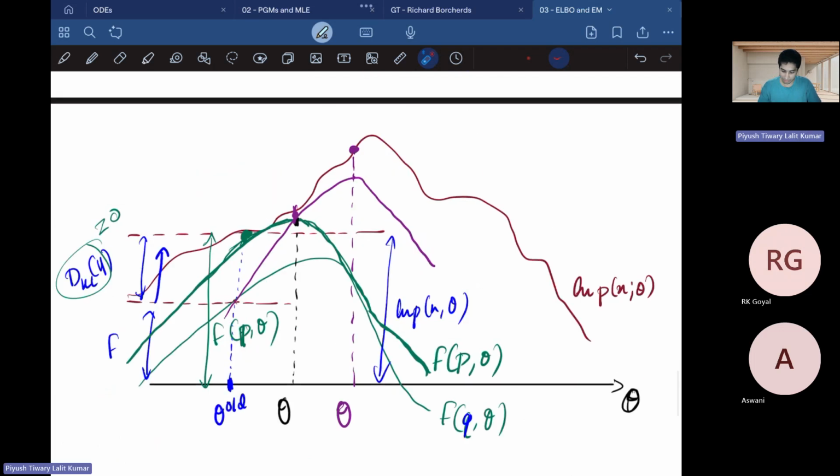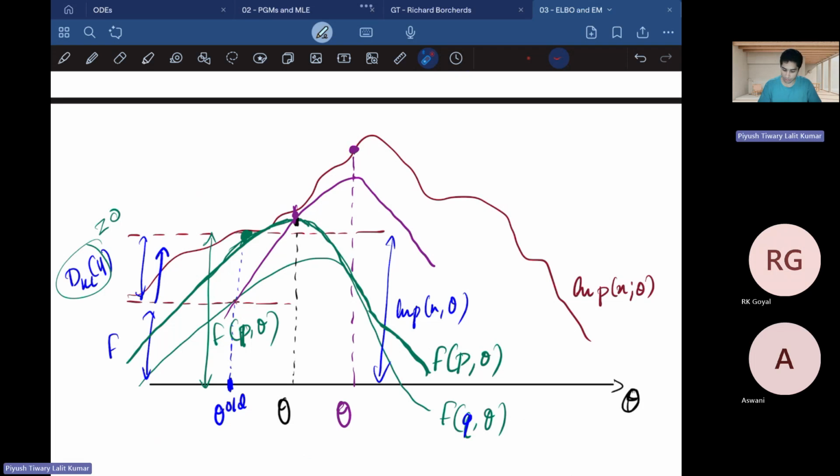Now, I have said a lot of things. Is this clear? Yes. I mean, it's not intuitive at first, but this is one explanation that I find very intuitive.